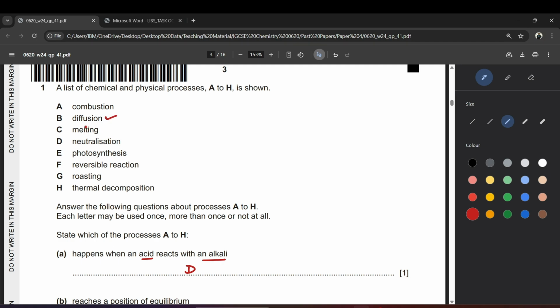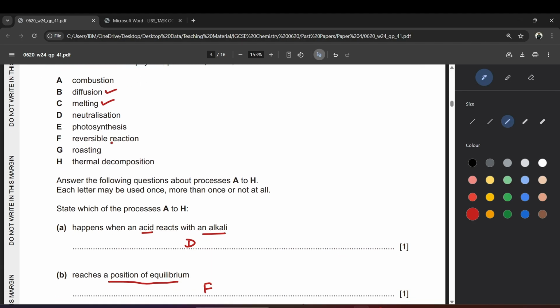Now, all the changes of states of matter, that is to say melting, boiling, freezing, and condensation, all of these processes are physical processes, because in these processes you do not get a new substance, but rather you are only changing the state of the substance. Okay, so therefore B and C will be the answers.